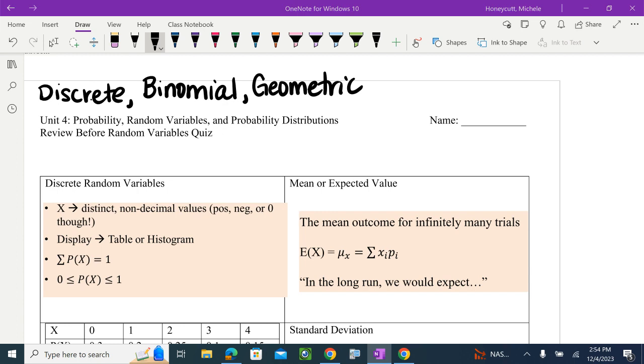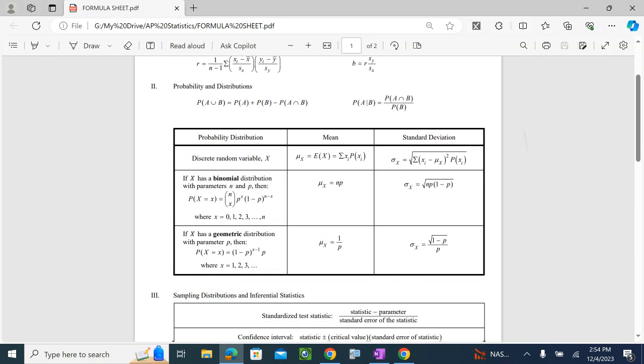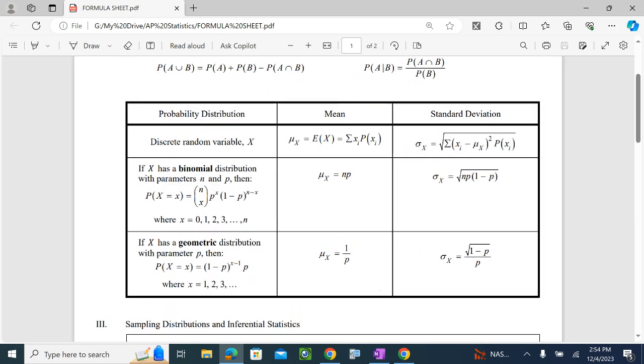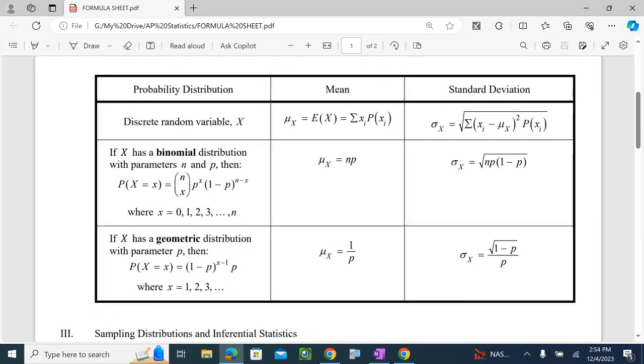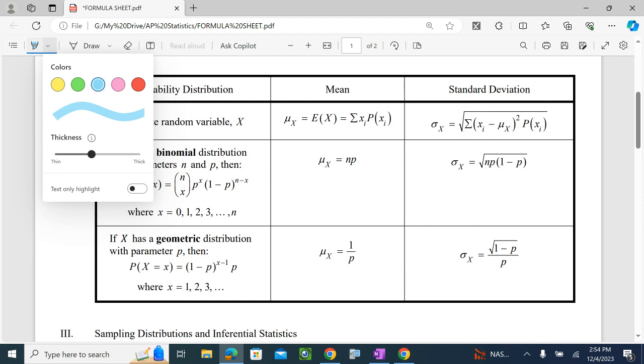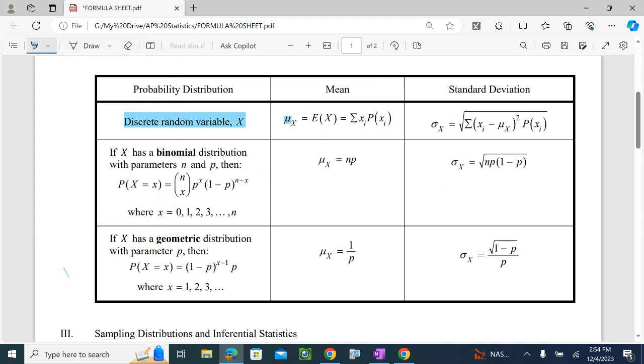But your formula sheet, if you look at it, here's what it looks like. Actually maybe not all, but most of the formulas you'll need for this quiz are found right here. We have formulas for the discrete random variable, the binomial distribution, and the geometric. So it's going to be up to you to know, do I need to use the discrete random variable formula, which has the mean and standard deviation?